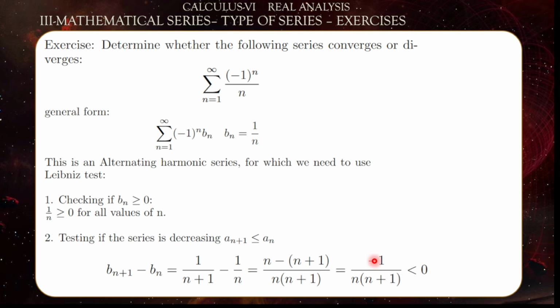We are left with minus 1 divided by the denominator, which is always positive, because for all n, the denominator will always remain positive. And this renders bn plus 1 minus bn less than 0, which means that the sequence here is indeed decreasing.